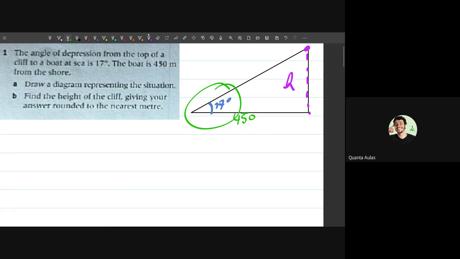Yes, it's right here. Here is the 17, okay? Because here we know it's 90, so 17 plus 90, because it's a right triangle, so here is a right angle and 73 degrees, okay?